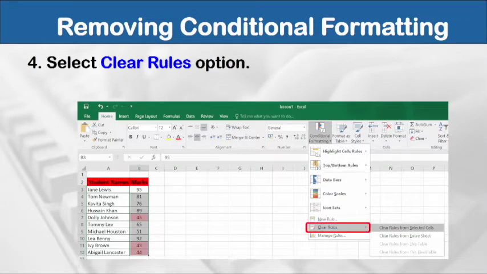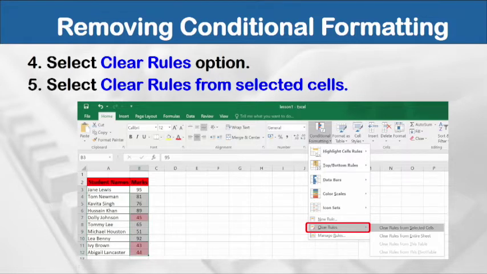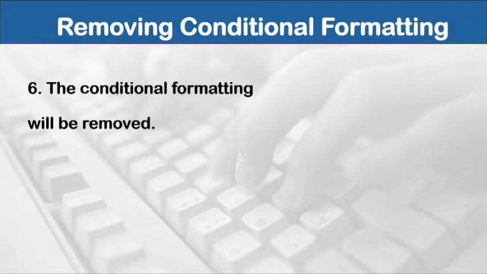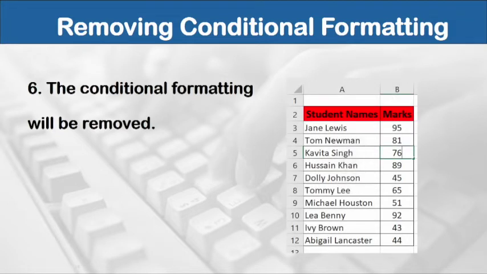Next, select Clear Rules option and select Clear Rules from selected cells. Observe how the conditional formatting has been removed.